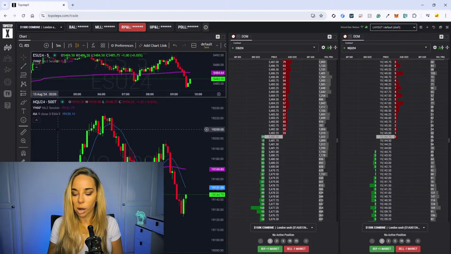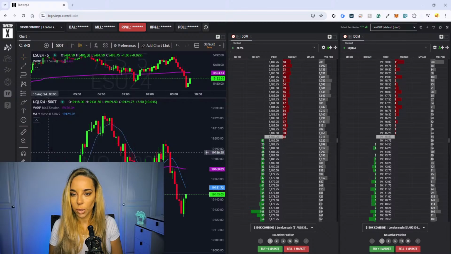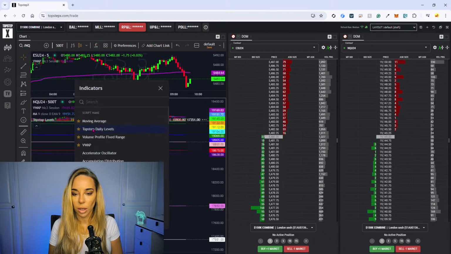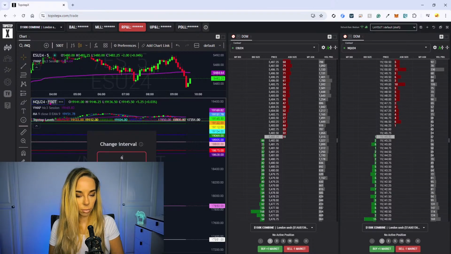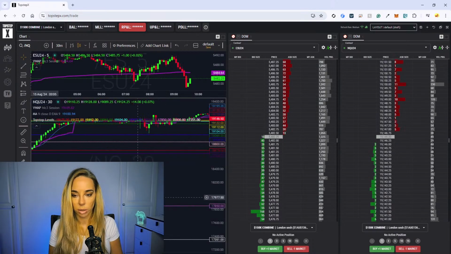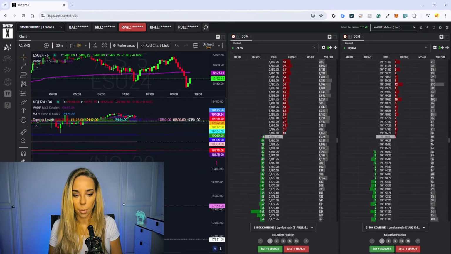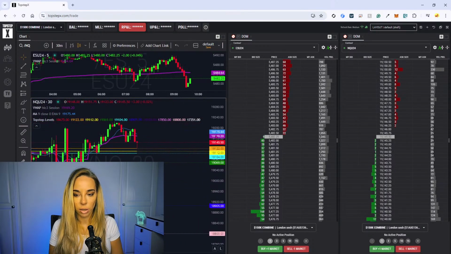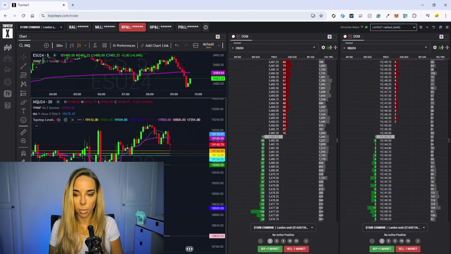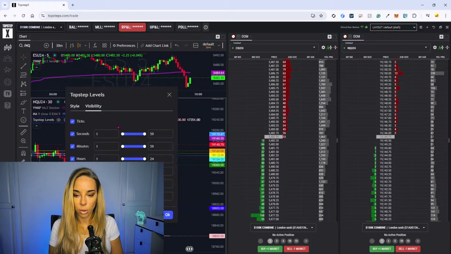So daily levels, if you go to indicators, here they are, Topstep daily levels. I'm going to change this to a time-based chart. And you should have some relevant areas that will be marked up pretty nicely on Topstep X.